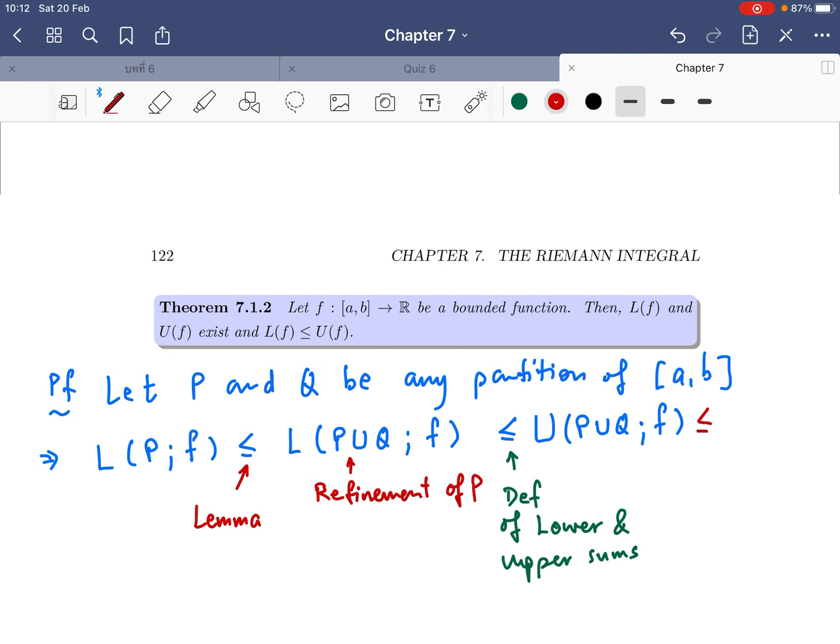And then again from the refinement, from the previous lemma, this upper sum will be less than or equal to the upper sum of only Q. So this time we use Q, and this one is from the lemma.